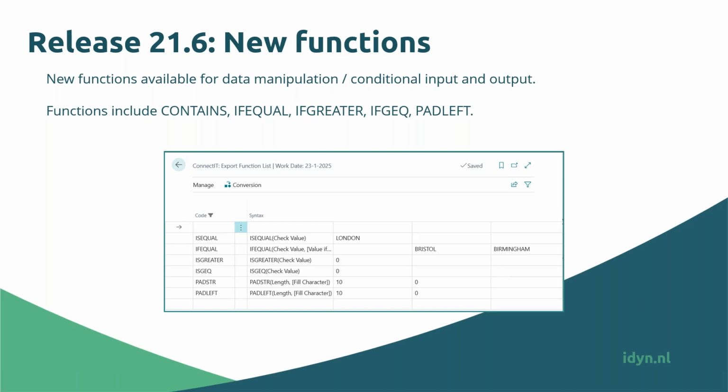Those last functions starting with is simply give back a true or false based on a single parameter, and the if functions do the same, but you can decide what should be returned if the function returns true or false.